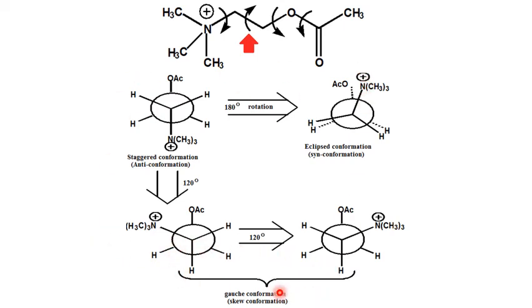We will see that the gauche conformation will produce a distance between the acetoxy group and the quaternary ammonium group for both this and that, that fits the nicotinic receptor, while for the muscarinic receptor, the distance between these two is better to fit the muscarinic. So this example we will study in class, and we'll produce the receptors and the molecules to see how different conformations can bind to two different receptors.